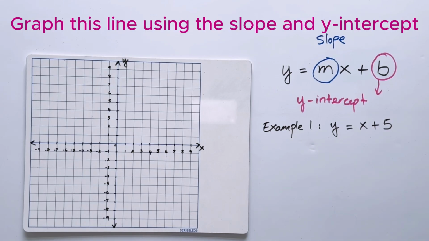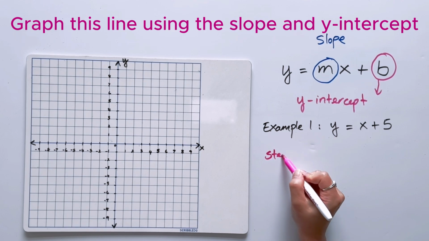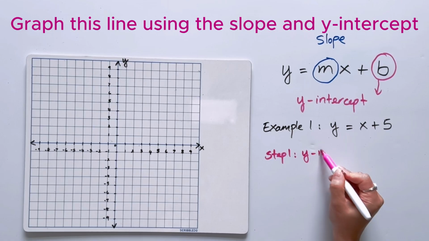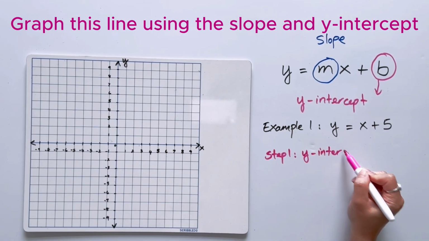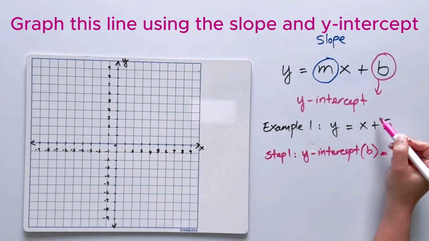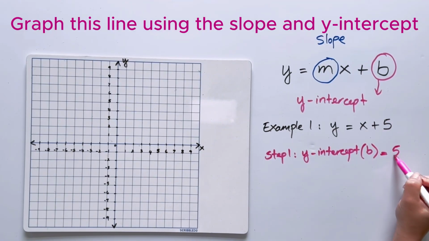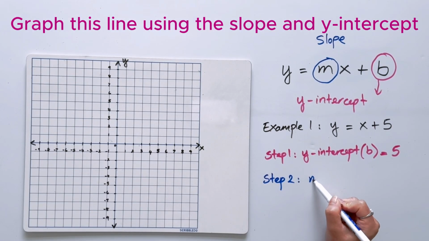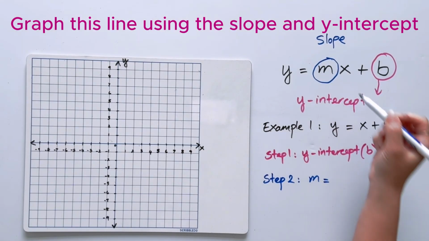So the 2 steps that I mentioned: you always start with step number 1, find the y-intercept, which is b, right here, the positive 5. Step number 2 is we want to find the slope, which is m right here.